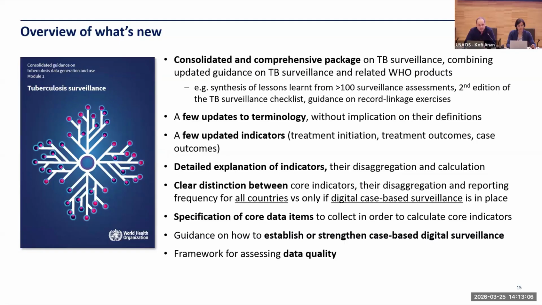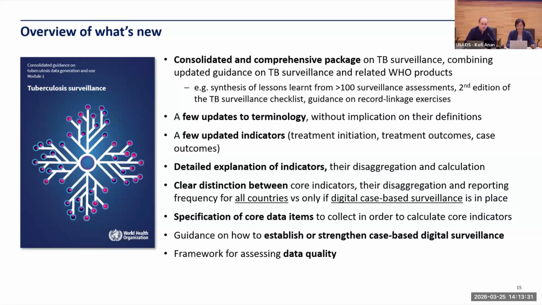Most of the indicators that are included in the guidance are what we are used to using and analyzing in the TB space. However, we did make a few key updates, one of which is to now monitor treatment initiation, and those who have not started treatment, the reasons for that, whether they died or were lost to follow-up before treatment initiation.